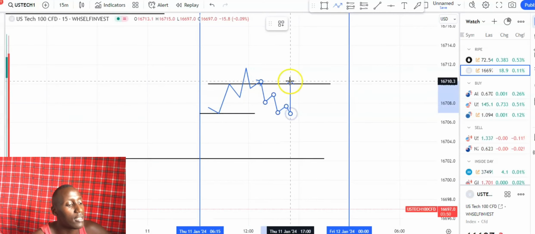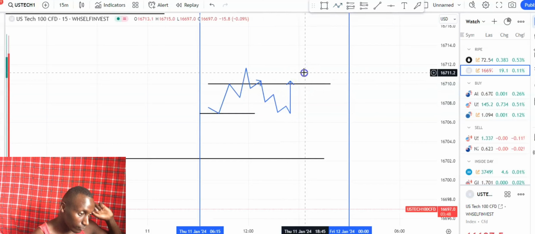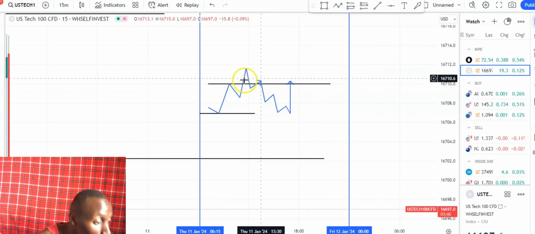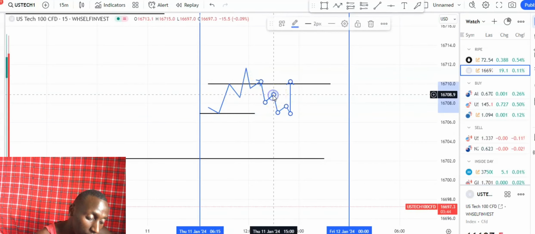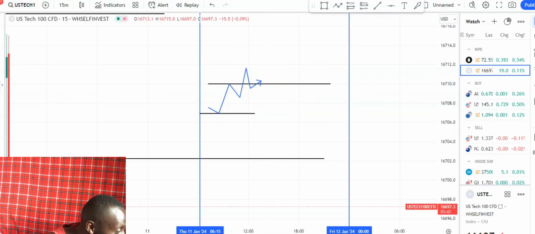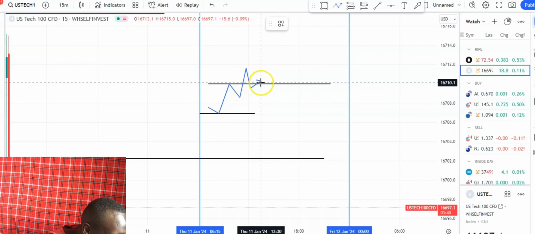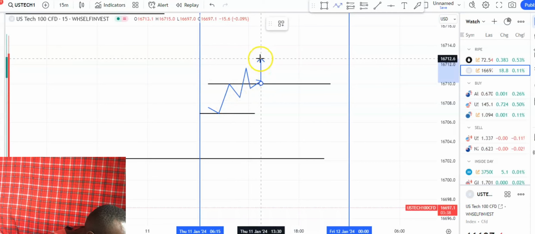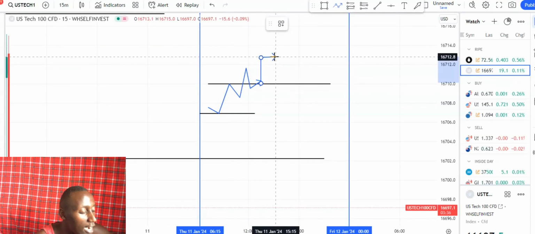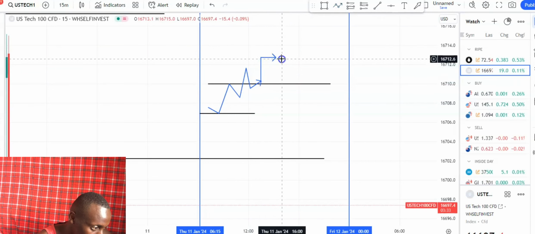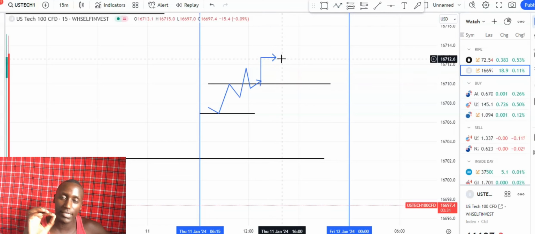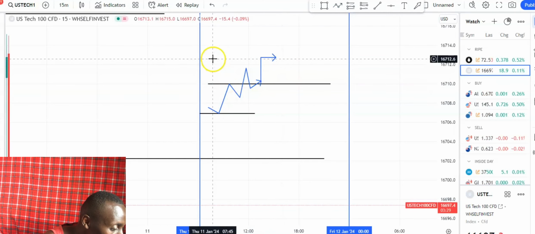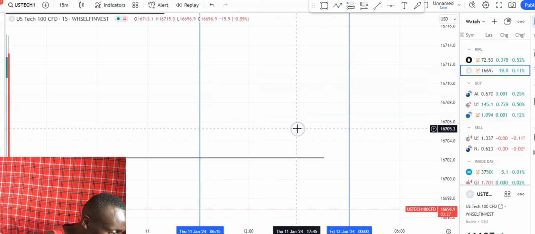Price can reverse. So that is the weekly cycle. Now, in order to restart this, as I've said before, we need to see price breaking out and closing outside of the range.